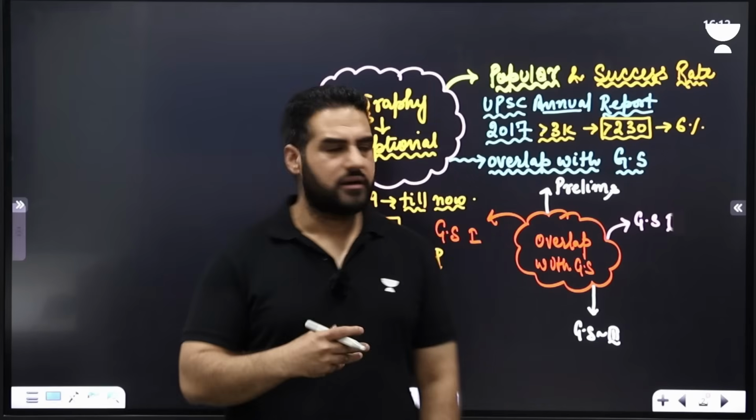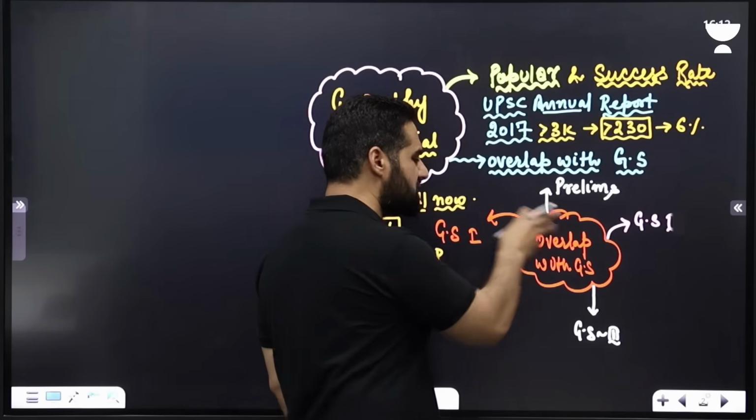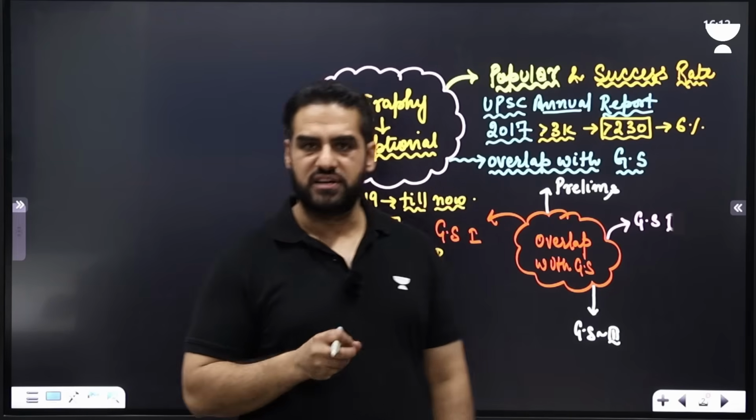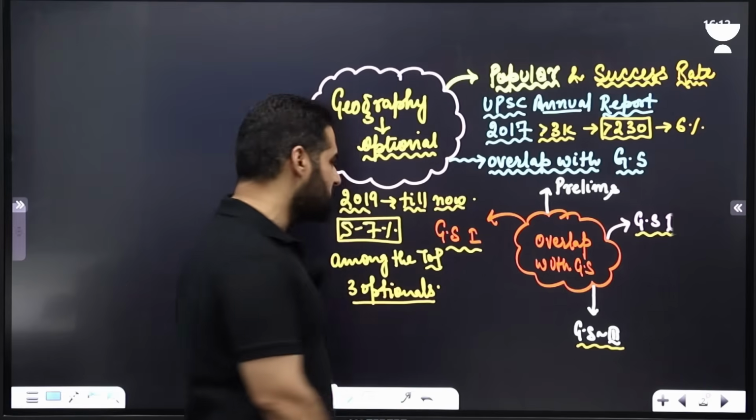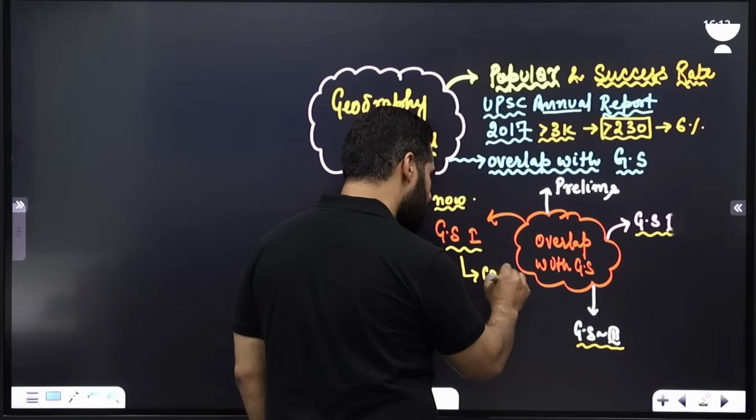Apart from this popularity and the good success rate, this geography optional has a good overlap in the general studies papers also. Like general studies paper 1, there is a complete overlap of world and Indian geography.